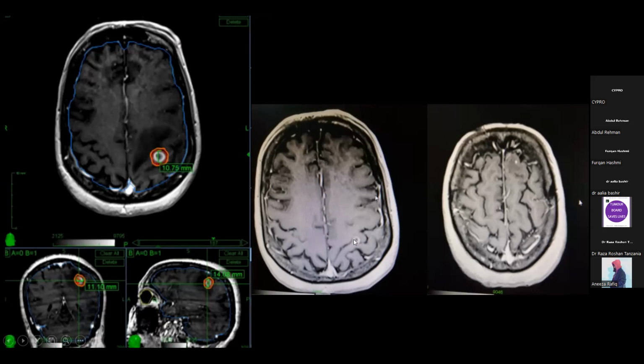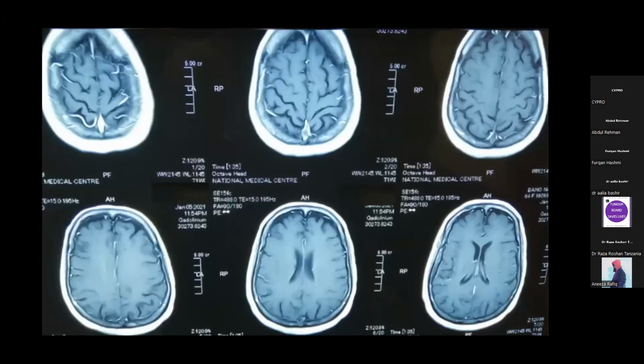After 6 months, the lesion was still here, but decreased in size. And what we noticed, there is one more lesion. You can see it's hardly 2 millimeters, but because we had good quality MRI images, we can detect even 2 millimeter sizes. So there was a new lesion, and it was quite away from this lesion. So we safely offered another session.